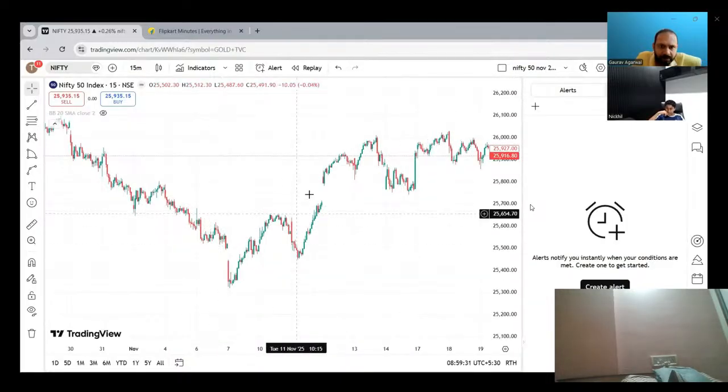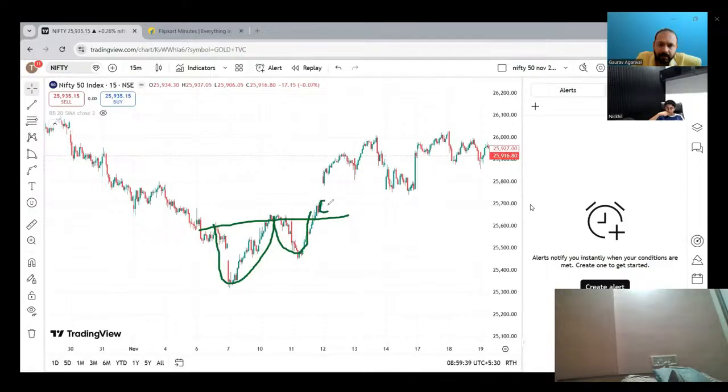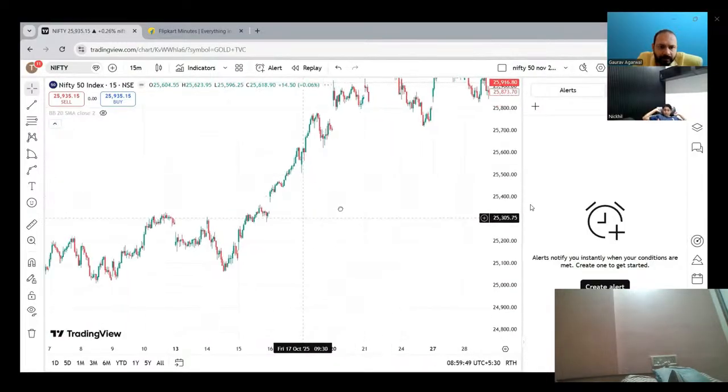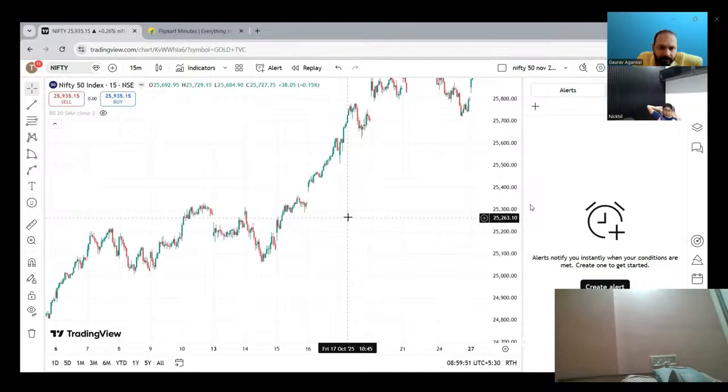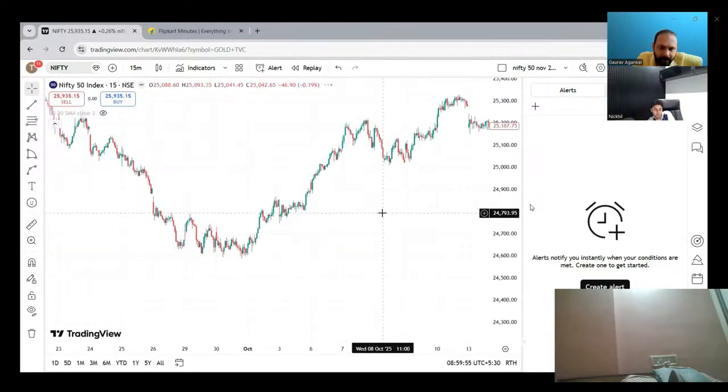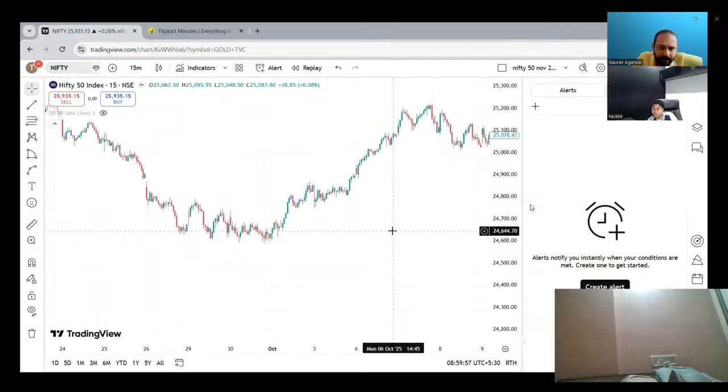See, here also it was there, but it was gap up again. Went up. So it's a good pattern. I myself use it, but I always try to use it on a higher time frame.